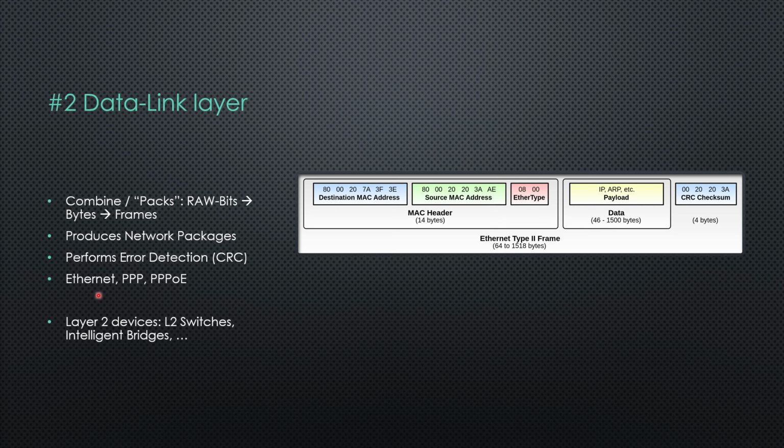So this is all done here. And it's basically just a little wrapper around the data. There are also different protocols that might be used on the data link layer. One example would be PPP, point-to-point protocol. This is a special interface that is used for dialing in over telephone lines. For example, VDSL in Germany is using the PPP protocol.